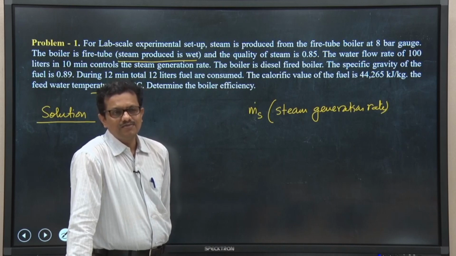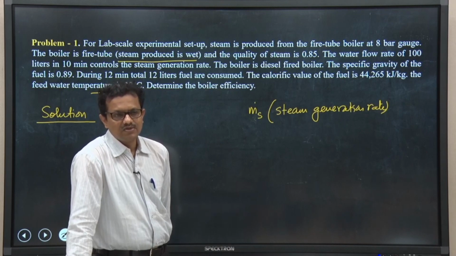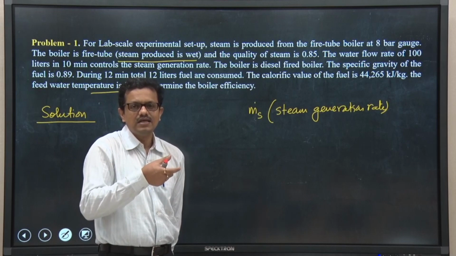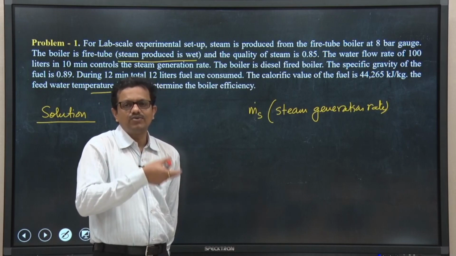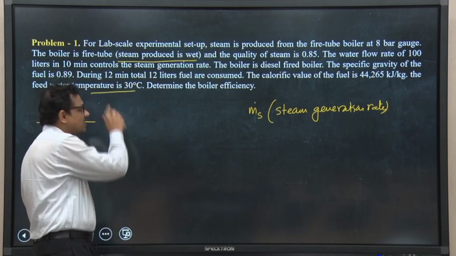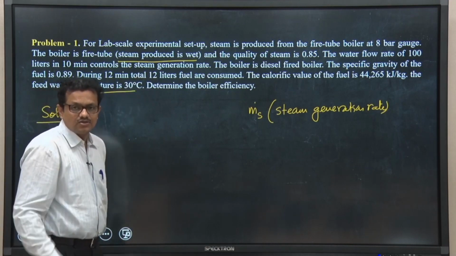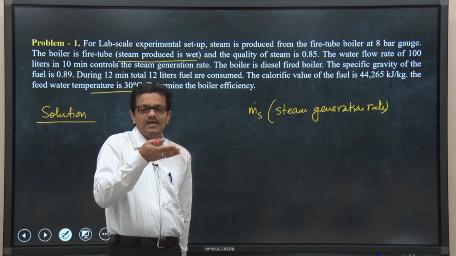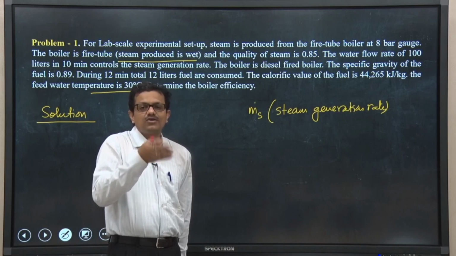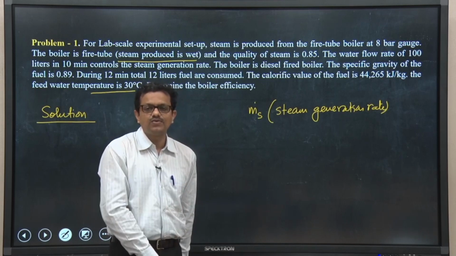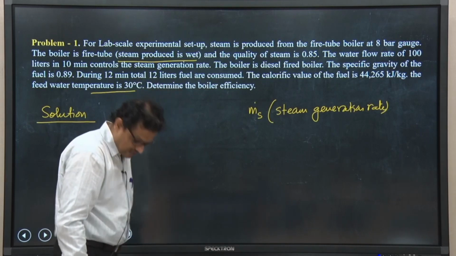So, what is boiler efficiency? Steam is produced at the cost of some input energy. When steam is getting produced, we are getting some enthalpy within the steam. What is the enthalpy that we are going to get, because it is given that feed water entering into the boiler is at temperature 30 degrees Celsius. So, there will be a change in enthalpy, and that change in enthalpy is obtained at the cost of the energy that we are supplying by burning diesel. From there we can calculate the boiler efficiency that we have discussed.